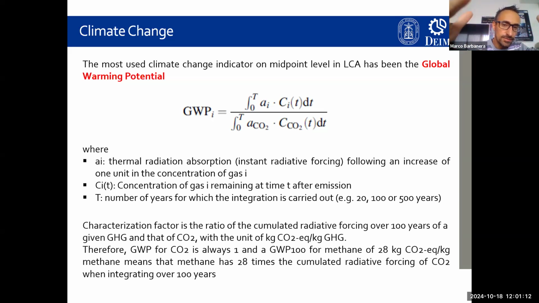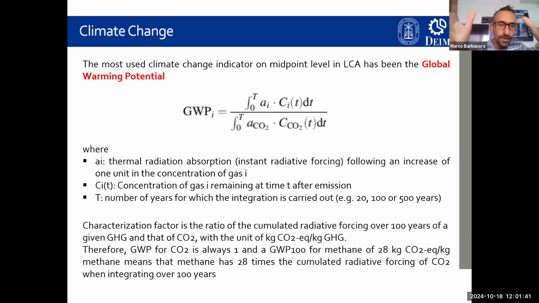So now it's obviously not important to analyze in detail this mathematical expression, but it could be interesting to understand how this characterization factor is determined.